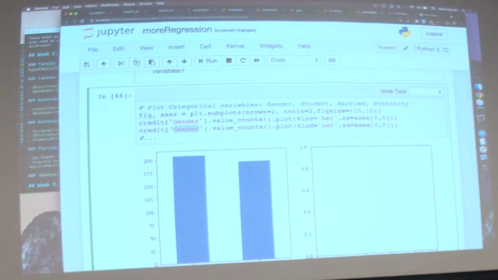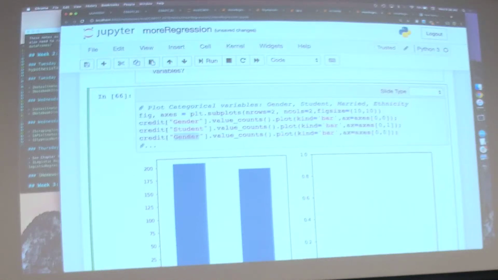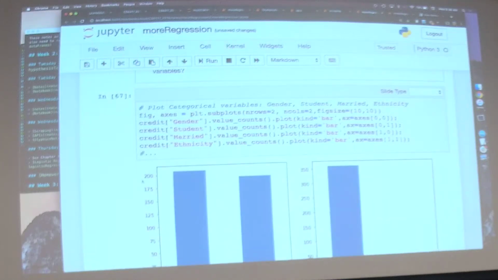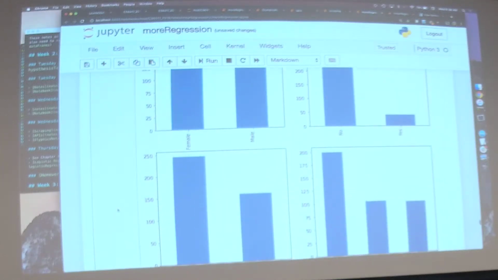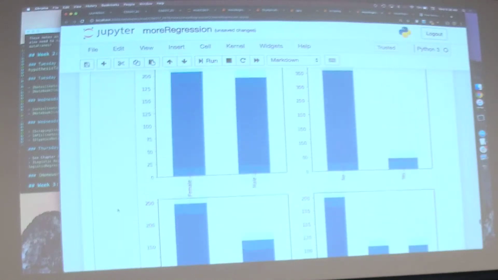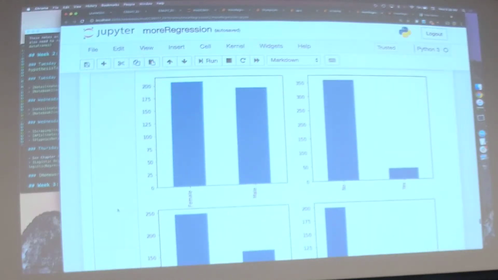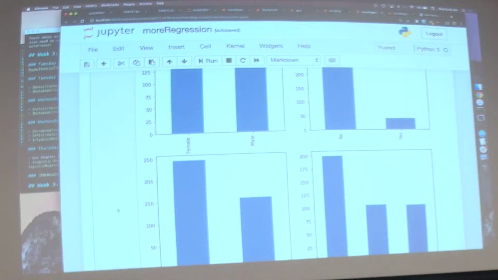We can do the same thing for student, married, and ethnicity. This doesn't really tell us the correlation, but it gives us a sense for the frequency of the values.